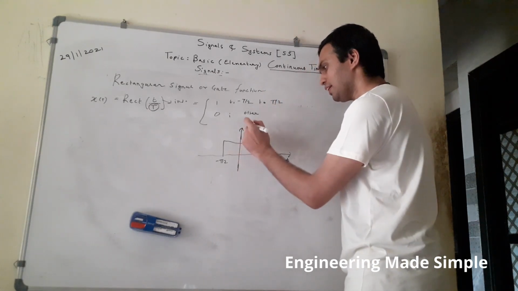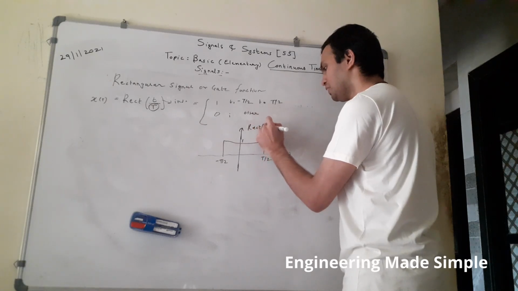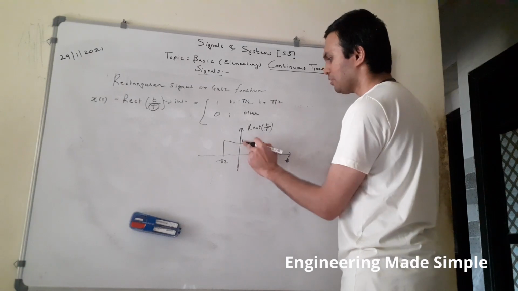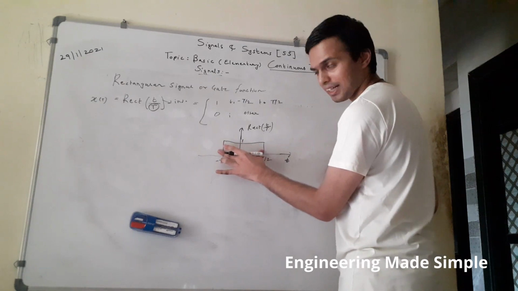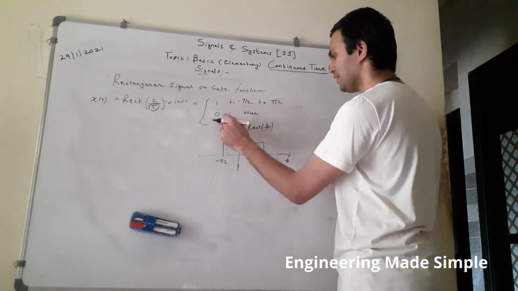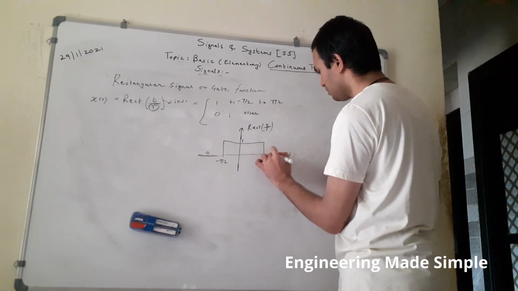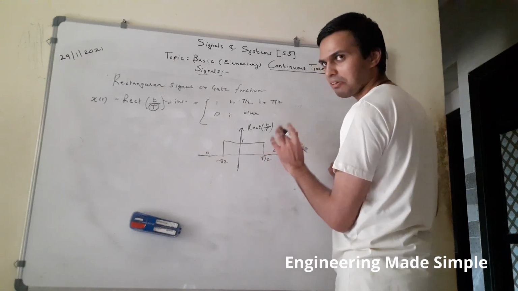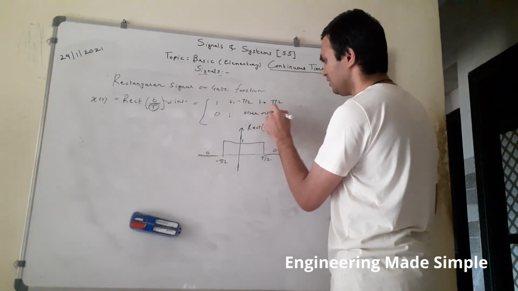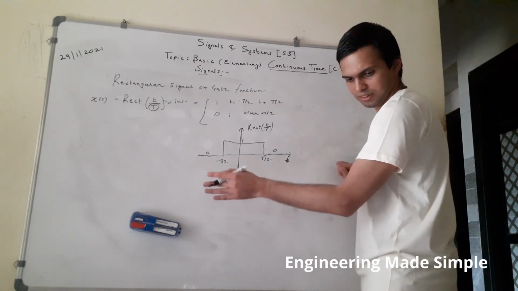This is your rect of t by capital T. Between minus T by 2 to plus T by 2, its value is 1, so it looks like a rectangular pulse. It is known as a rectangular function or gate function, and otherwise its value is 0. It is pretty much clear that the value is 0 at T by 2 also, so no need to mention it explicitly. But look at this plot carefully. This is your rectangular function.